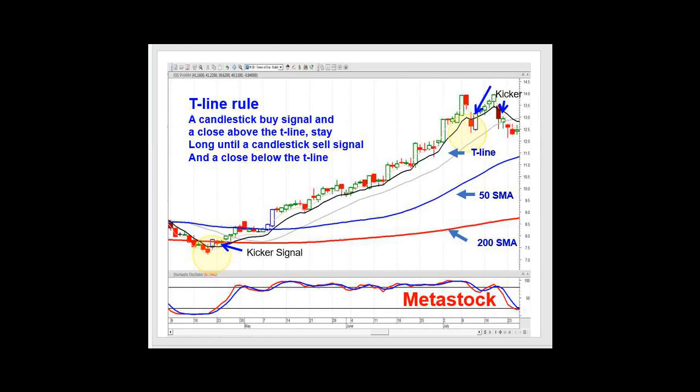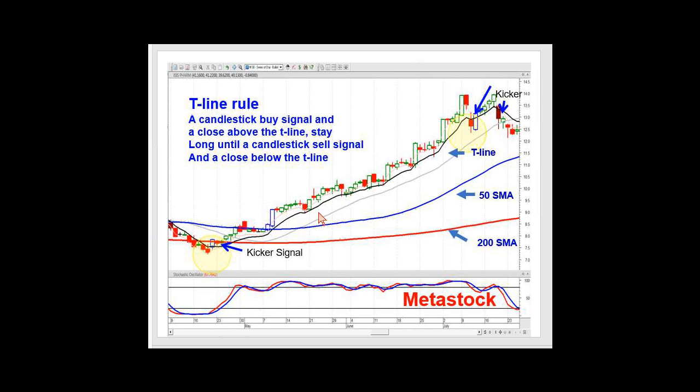So our basic T-line rule is that if you see a candlestick buy signal and a close above the T-line, you can stay long until you see a candlestick sell signal and a close back below the T-line. This was important when I first learned it because without the T-line, I was making good money, but I would close out positions when I thought it was time to take profits.